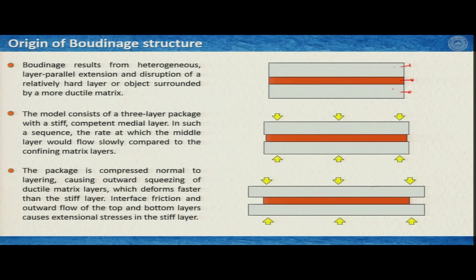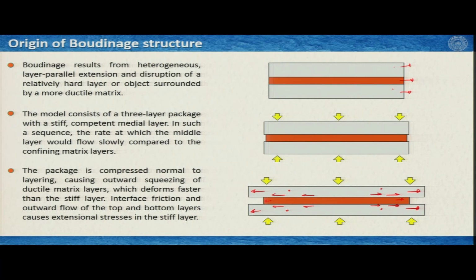If these layers are flowing faster, the rate of strain accumulation in them is faster than the layer in the middle, and it generates an enormous amount of friction at the boundary. So, this red layer here is trying to deform, trying to flow horizontally, but the gray layers at the top and bottom are also trying to pull it away.